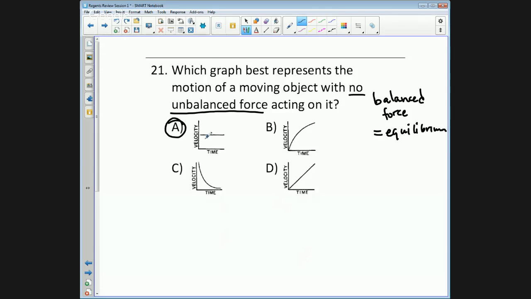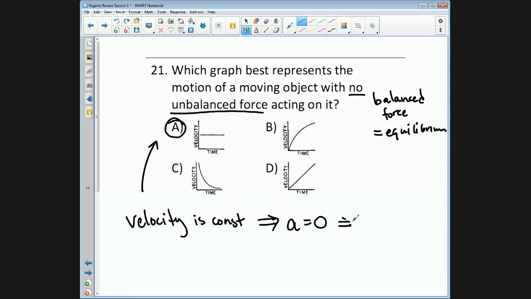The velocity is staying the same, means that the velocity is constant. Okay, so this means velocity is constant. This is this one. When velocity is constant, that means that acceleration equals 0. And again, when acceleration is 0, it means that you're in equilibrium.